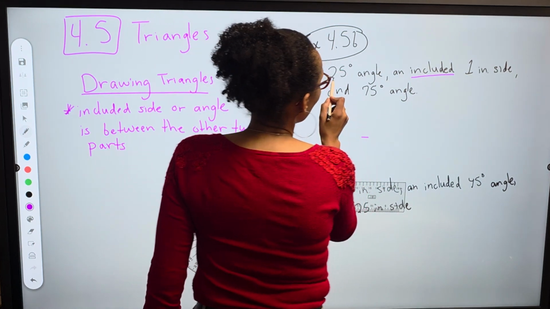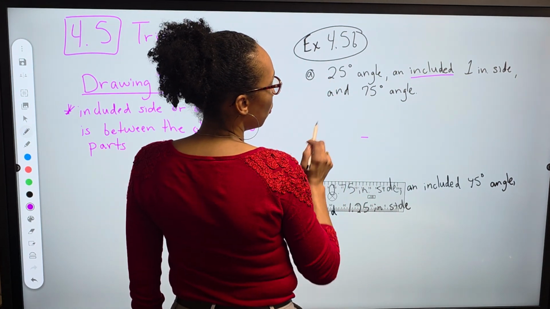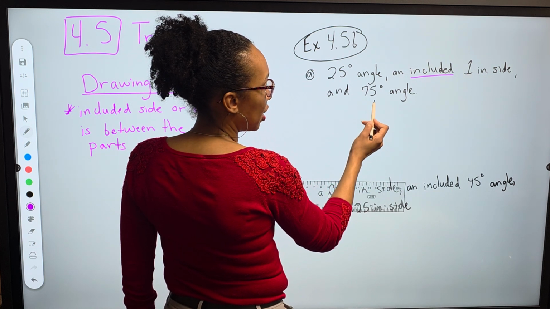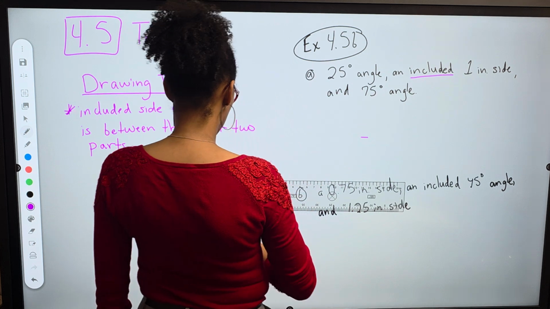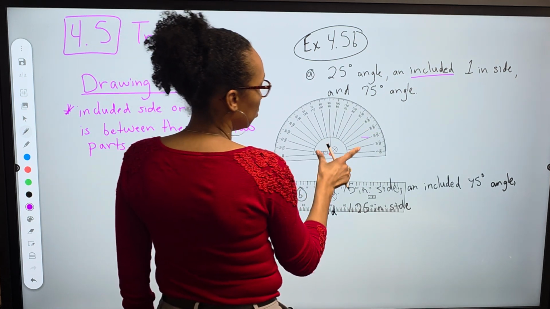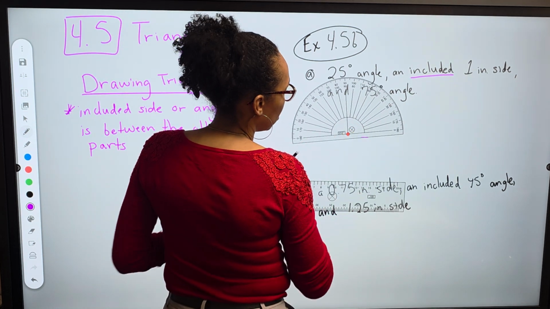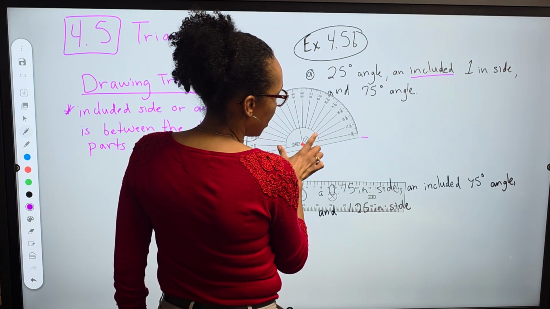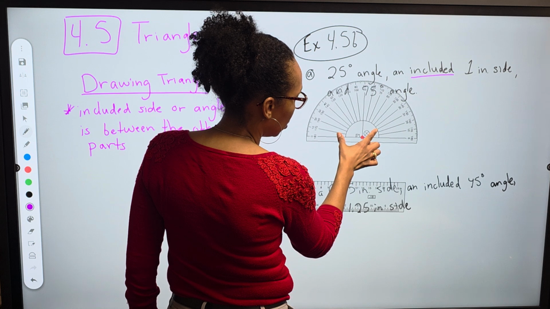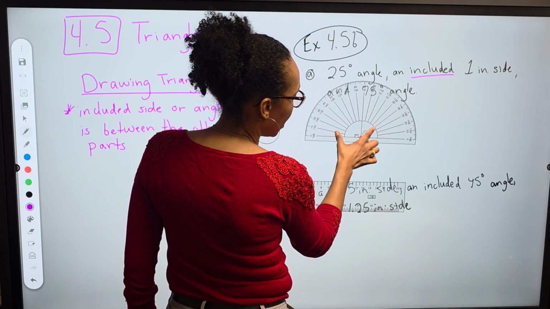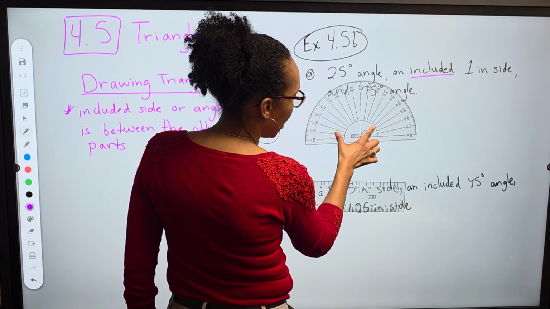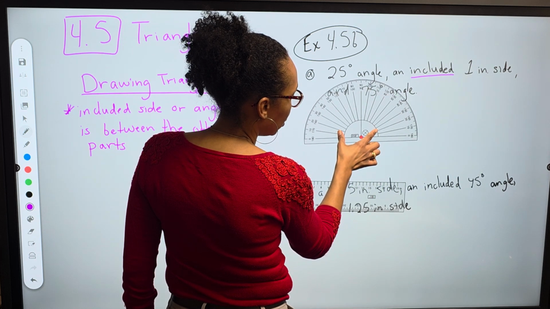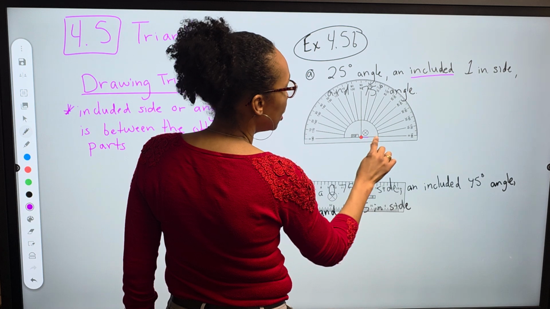All right. A 25-degree angle will be on one end of this 1 inch, and a 75-degree angle will be on the other end of this 1 inch, okay? So you'll take your protractor, and whatever corner we're going to start from first, let's make that the vertex. So I'm starting on that first side, and then I'm making sure that I'm lining it up with that line that I drew, okay, that it's going this direction.